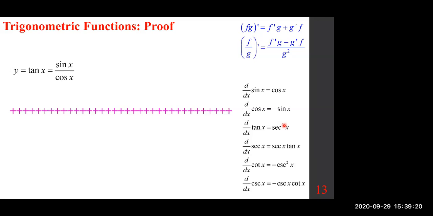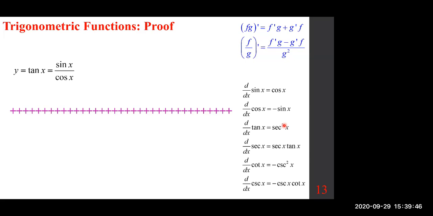I hope everybody understands what we are trying to do. We are looking at the function y equals tan x, and we want to prove the derivative is what we claim it to be, which is secant squared. Okay, let's do that.